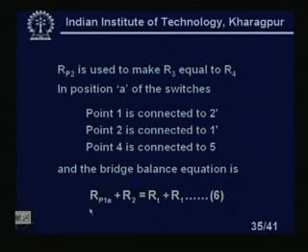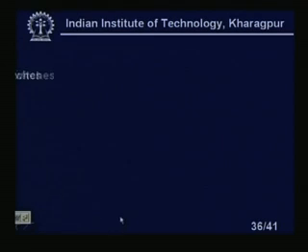Again I am repeating, it is for the switch position A, that means 1 is connected to 2 dash, 2 is connected to 1 dash, and 4 is connected to 5. In that situation I will balance the bridge by varying RP1, and suppose this new position is RP1A. So, RP1A plus R2 equal to RT plus R1, this is equation number 6.